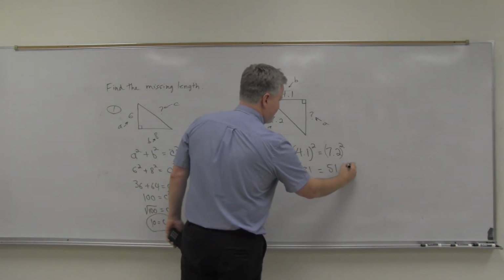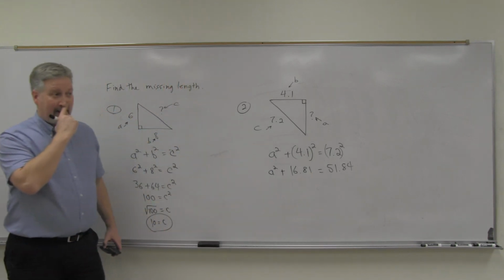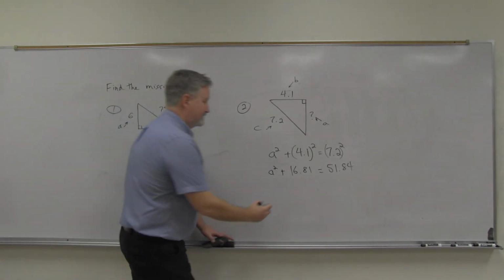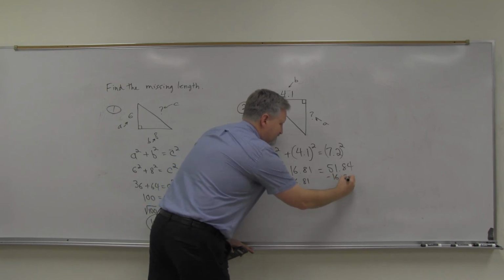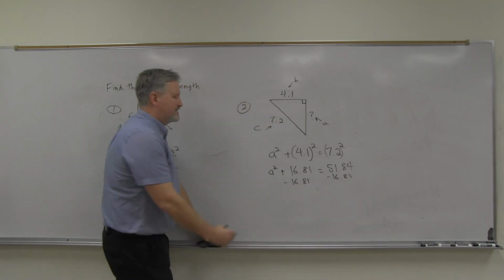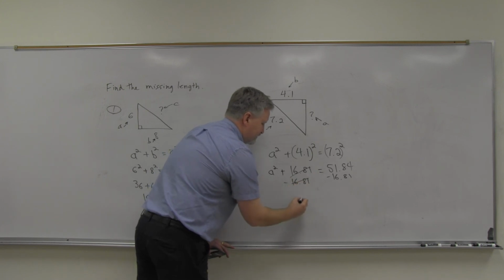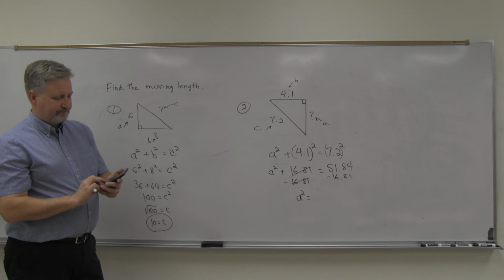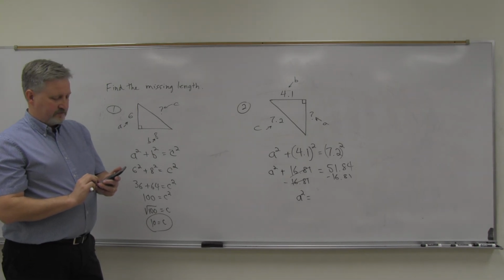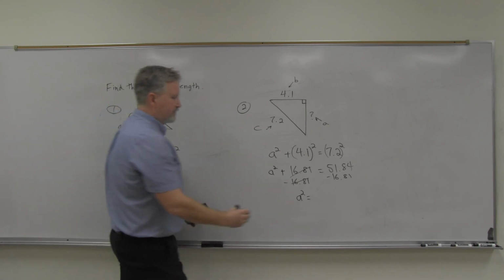But how am I going to get a out of that? It's just solving a simple problem, hopefully. I need to subtract the 16.81 from 51.84, and that's going to be my a squared: 35.03.